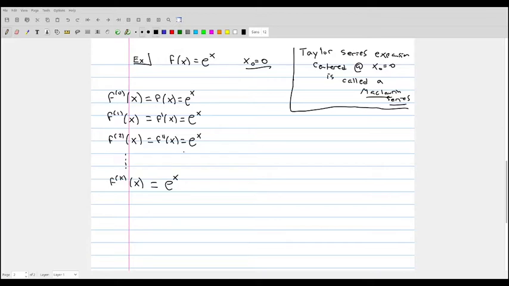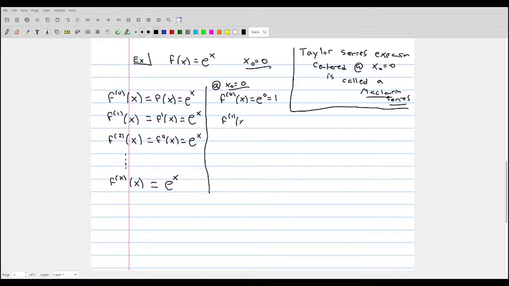So at the expansion point x naught equals 0, the 0th order derivative, or the function itself, is just equal to e to the 0, or 1.